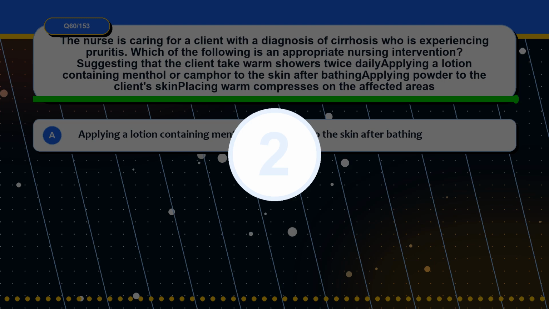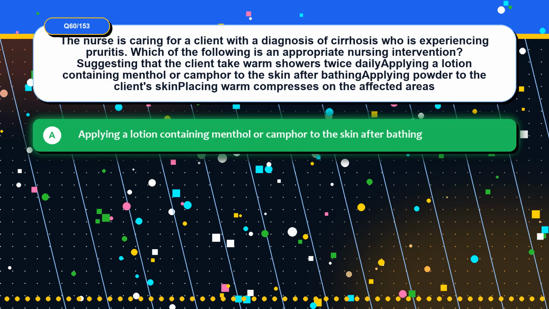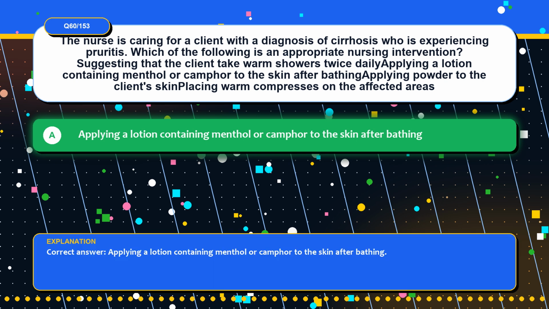The correct answer is option A, applying a lotion containing menthol or camphor to the skin after bathing.